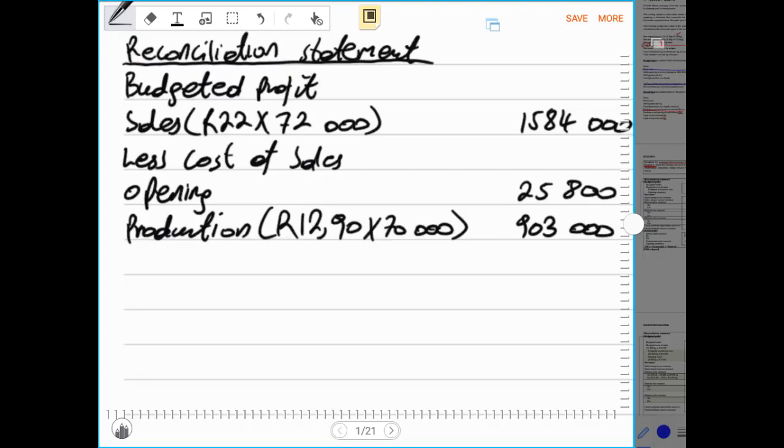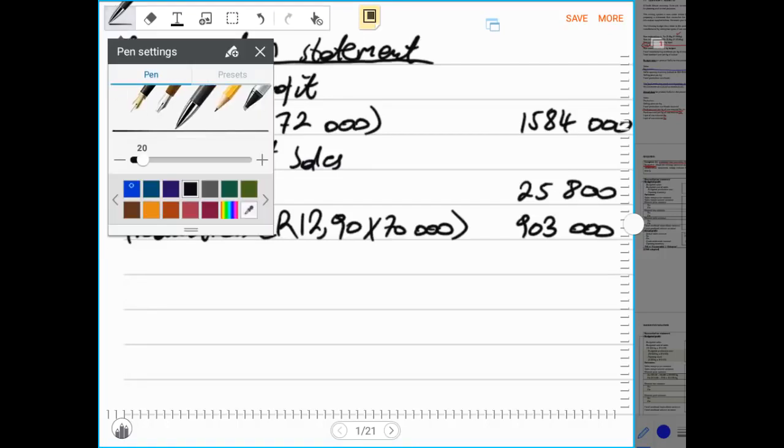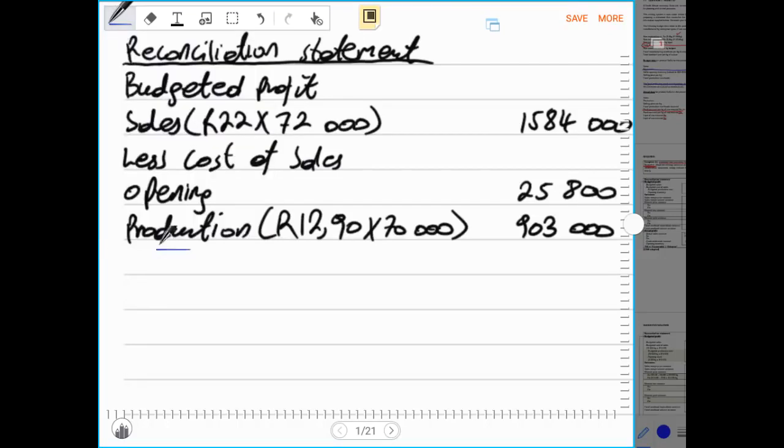Now I also want to split this production into two things, material and fixed cost, because sometimes the question can give you the information differently. So if we wanted, we could have said material, then fixed cost, and we know that our fixed cost is 28,000 rands.